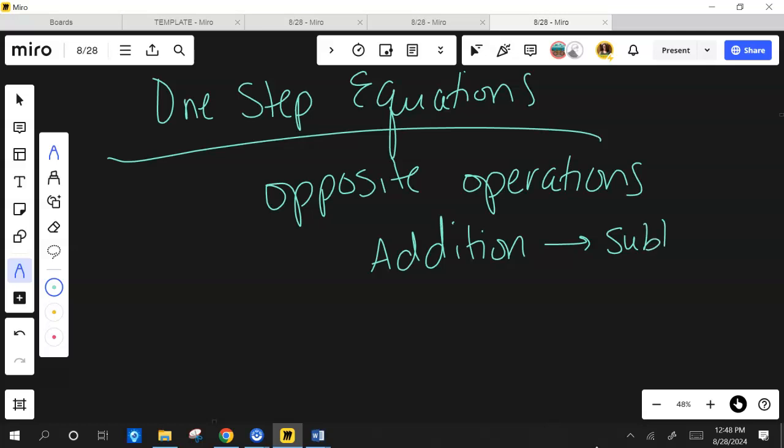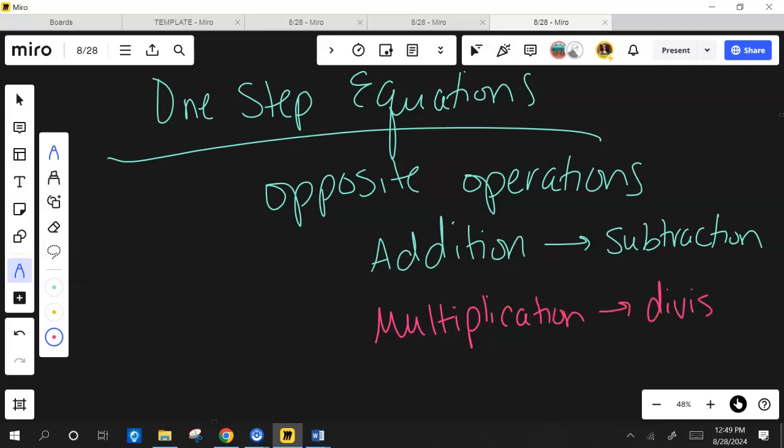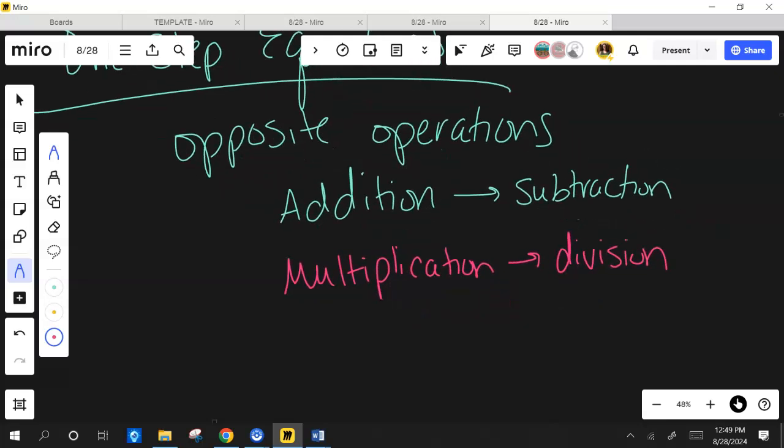Subtraction. So if I want to undo addition, then I have to use subtraction, right? Chris, what is the opposite of multiplication? Dividing or division. So if I want to get rid of multiplication, I need to use division. Everybody okay? All right. These things will get rid of or cancel things out.